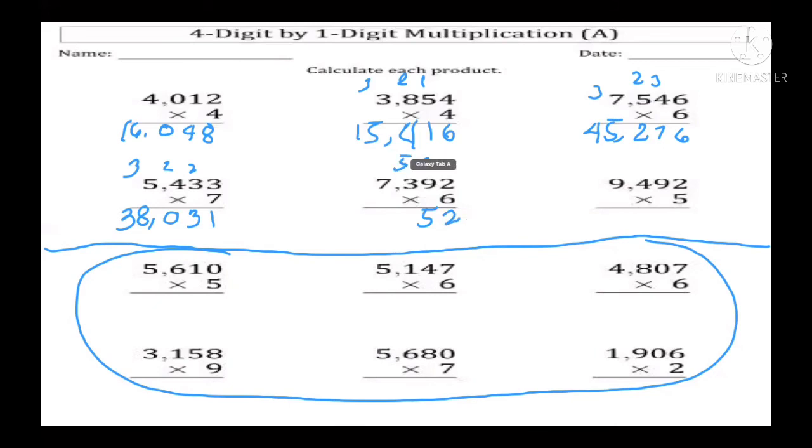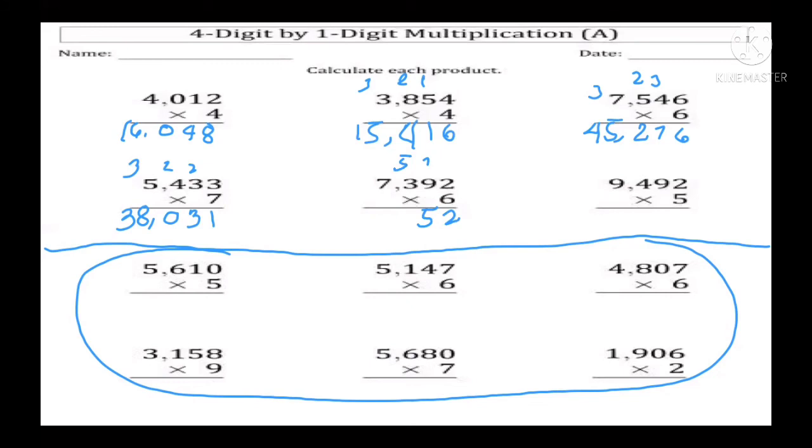6 times 3 is 18, correct? 18 plus 5. 23.